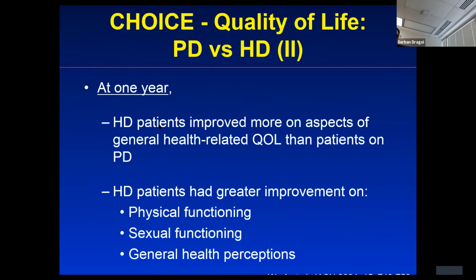And at 1 year, patients on HD improved more on aspects of general health-related quality of life than patients on PD in this CHOICE quality of life PD versus HD study. HD patients had greater improvement of physical functioning, sexual functioning, and general health perceptions.